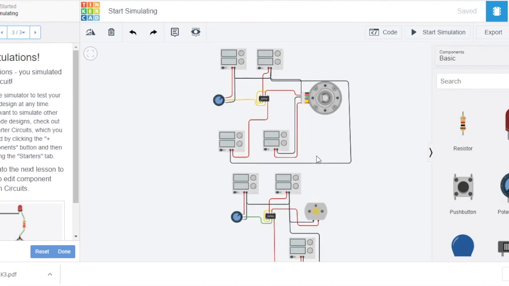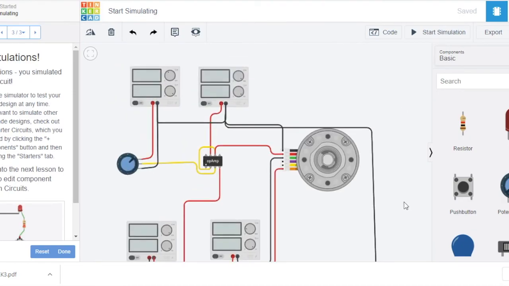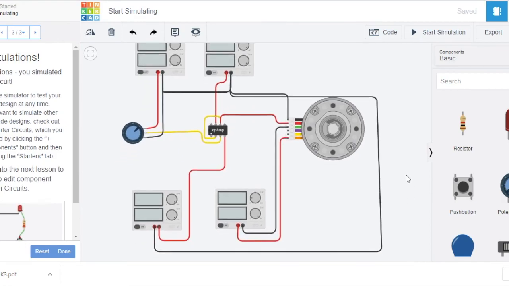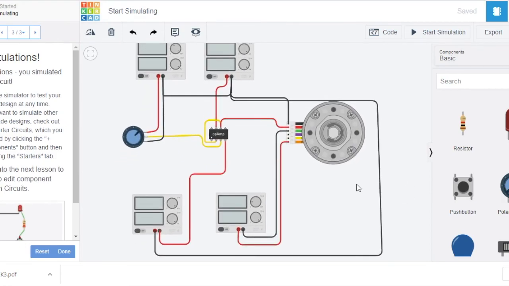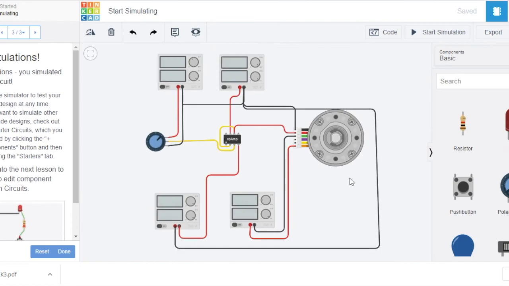Okay, firstly, we look at the embedded motor.